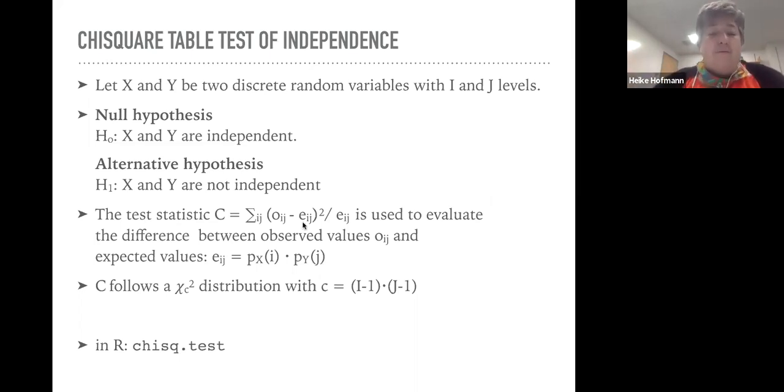Compared to that, we've got an observed value, little o ij, where ij is the cell where X is i and Y is j. So we're looking at the difference between what we've observed and what we would expect under the null hypothesis. We square that difference, we divide by the expected value, and then we sum over all of those cells. That gives us one value that combines all of the deviations across all cells.